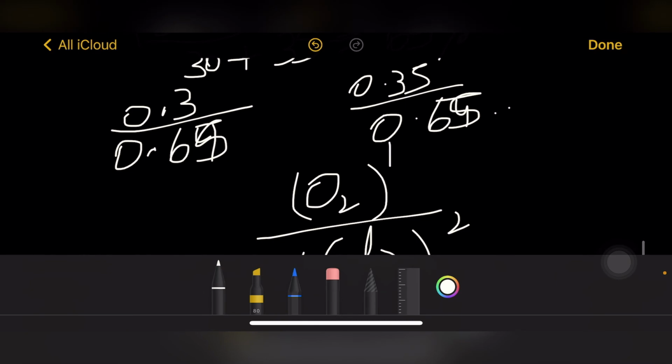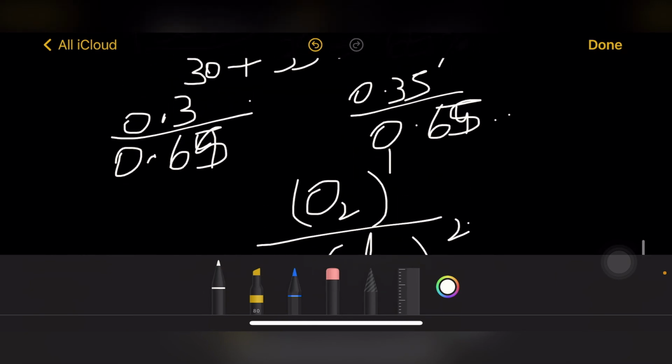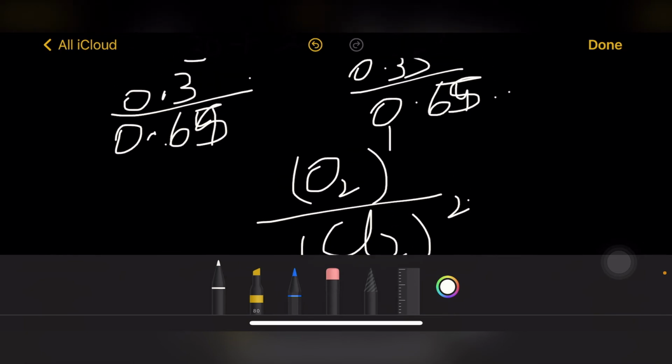So this has the power of 1 and this has the power of 2. So basically this was for Cl, this will be squared, and this one was for O2, so this will be squared.